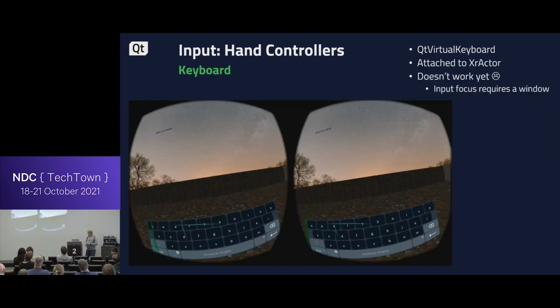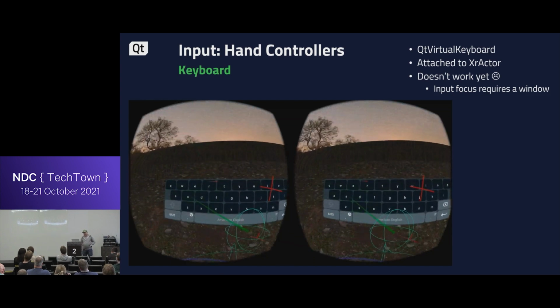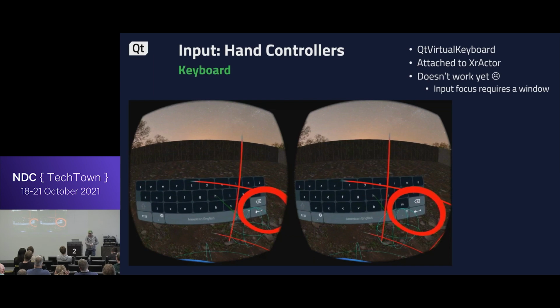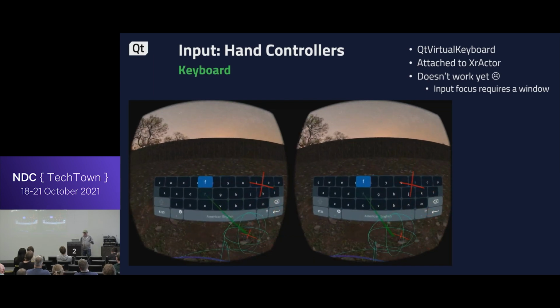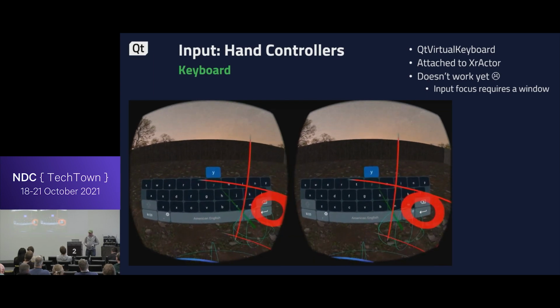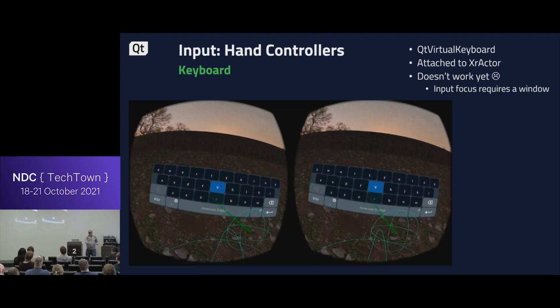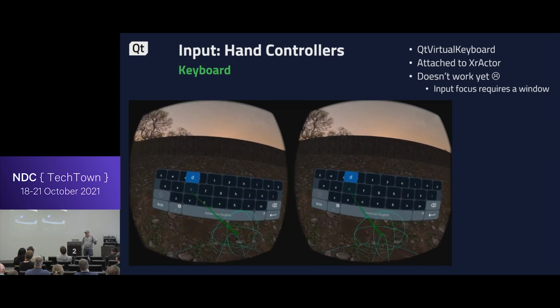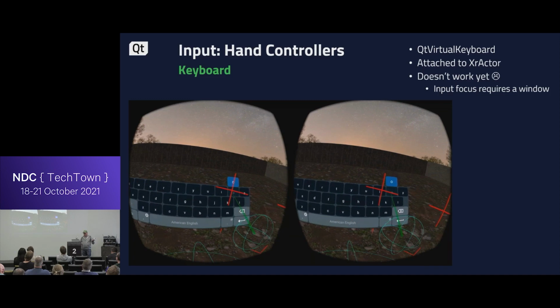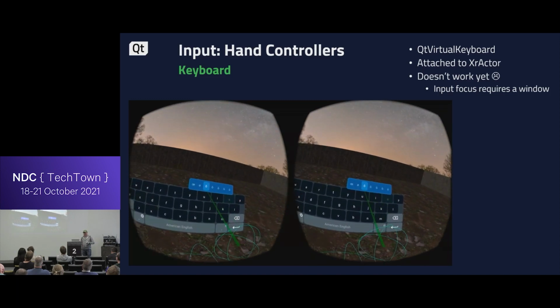And the last thing is keyboard input. Sometimes you need to actually input names and stuff into user interfaces, and so you can use Qt Virtual Keyboard as the keyboard input. Unfortunately, I got this working, but the input method itself doesn't work.